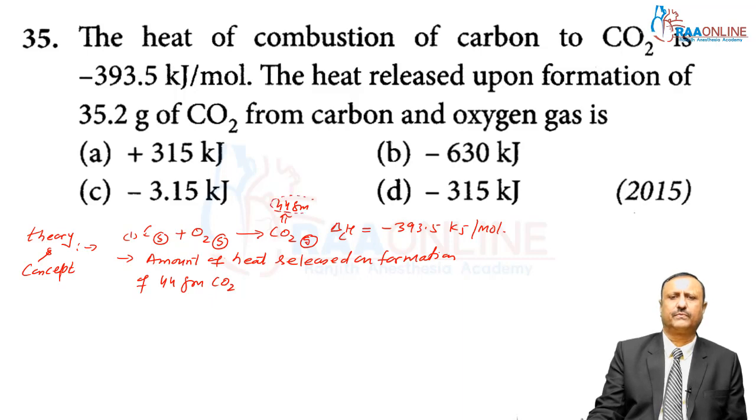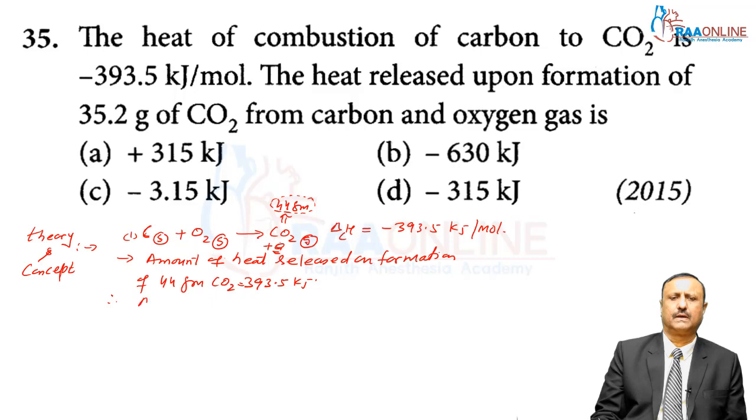So when 44 gram of CO2 is formed, the amount of heat released is 393.5, because delta H is represented by minus Q, and when heat is released, it is given a positive sign. So 393.5 kilojoule per mole of heat is released.